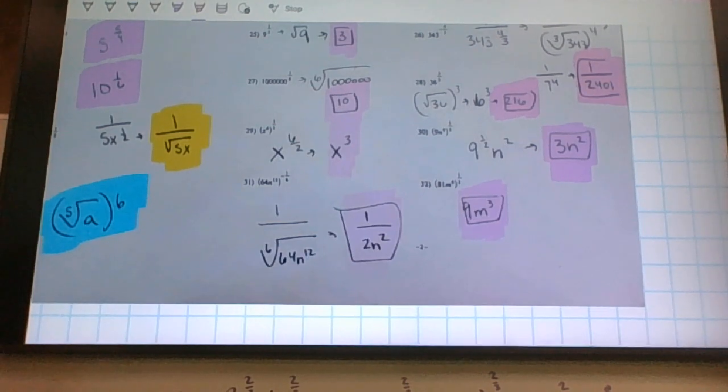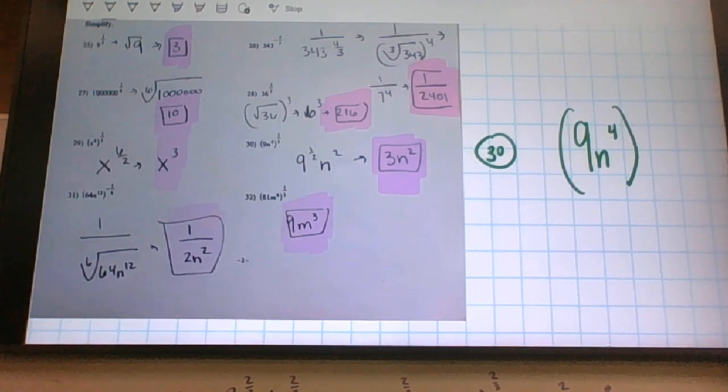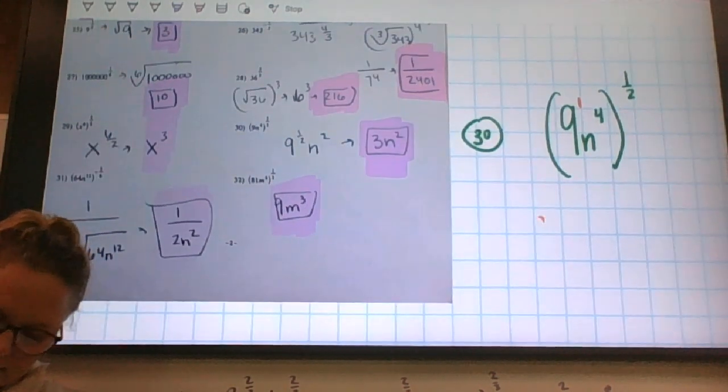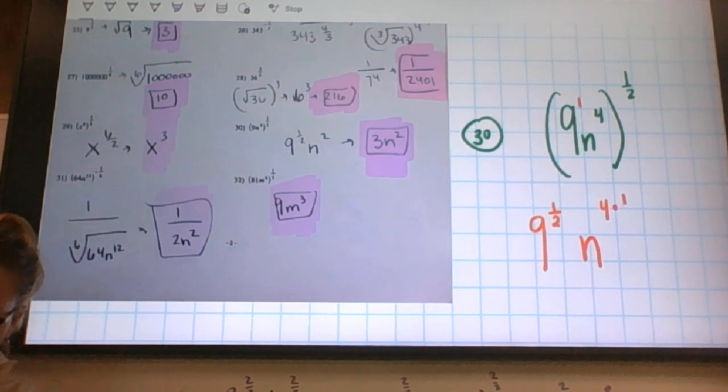Yes. Sure. All right, looking at 30. 9n to the fourth, all raised to the 1/2. So this 9 currently has an invisible 1 next to it. So I could think of this as both 9 to the 1/2, that's 1 times 1/2, and n to the 4 times 1/2.